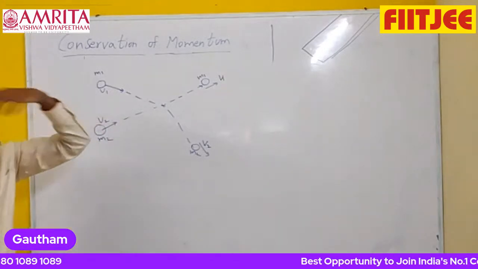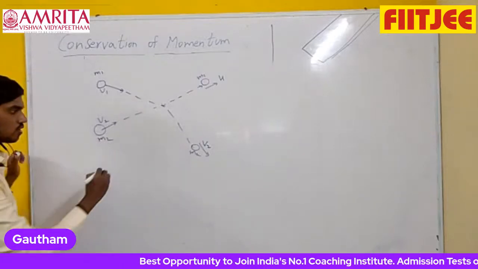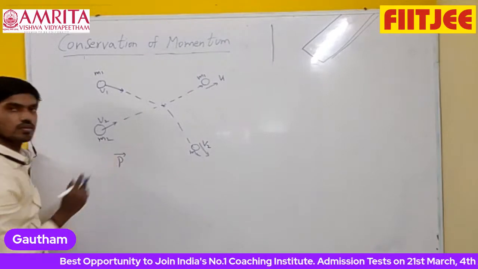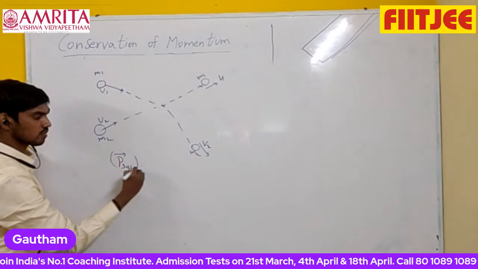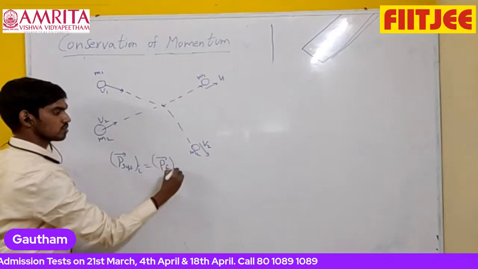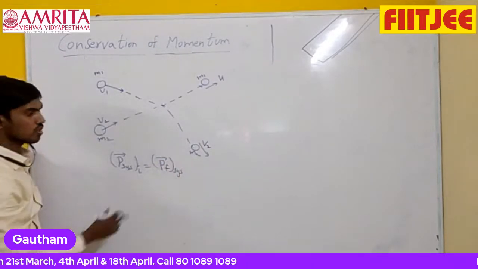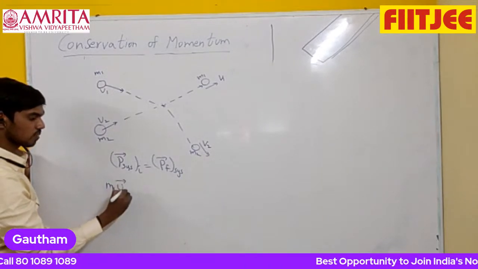Now I have already said, for all collisions, momentum of the system is conserved. Momentum is a vector quantity. So initial momentum of the system is equal to final momentum of the system. Mass into velocity is the momentum.